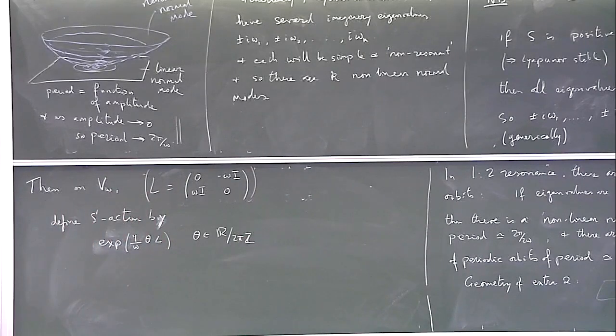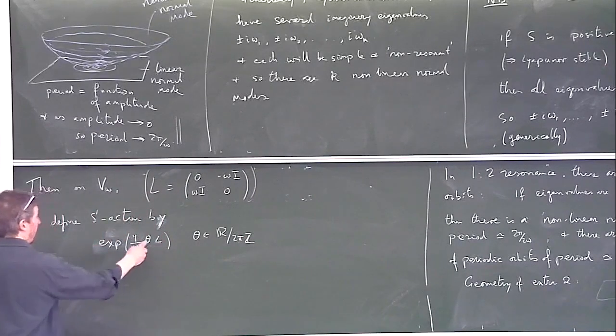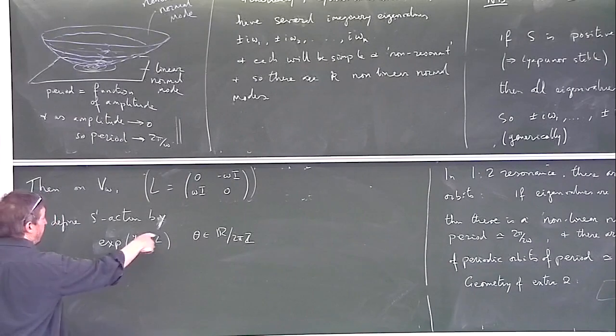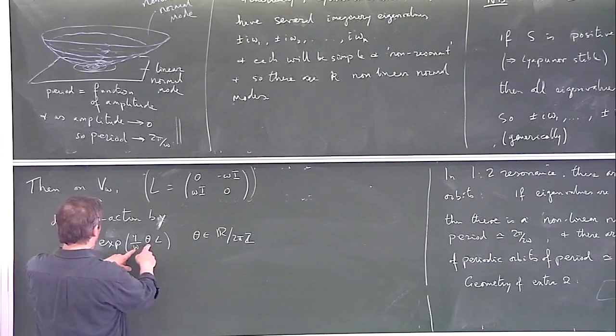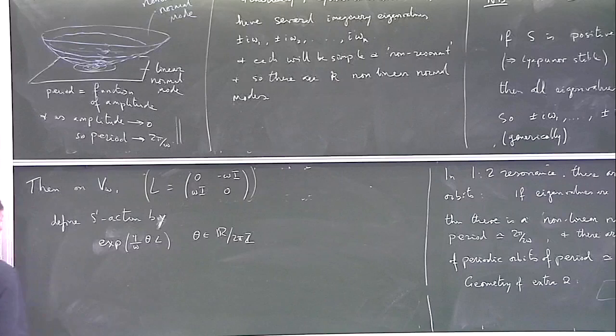So this has period 2 pi, because e to the tL has period 2 pi over omega.